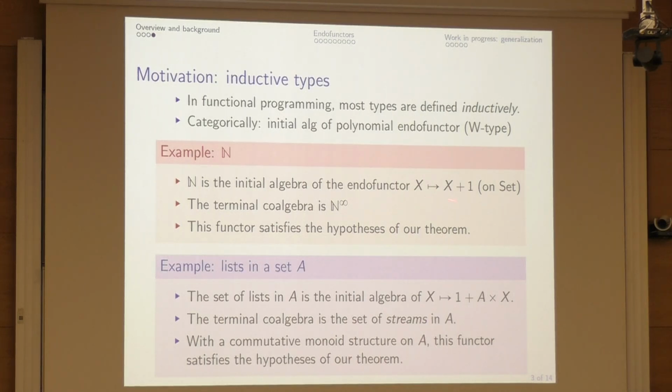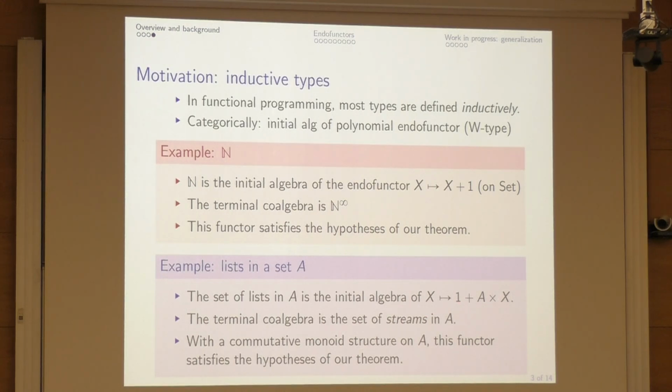And this functor is going to constitute our main example, both in the paper and in this talk, because it very easily satisfies the hypotheses of our theorem and kind of illustrates what's going on. Here's a slightly more complicated W type, which generalizes the natural numbers one.